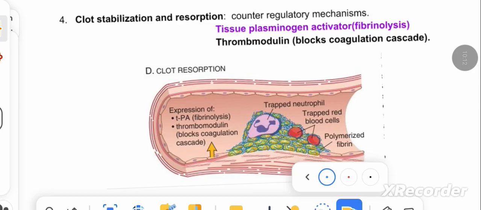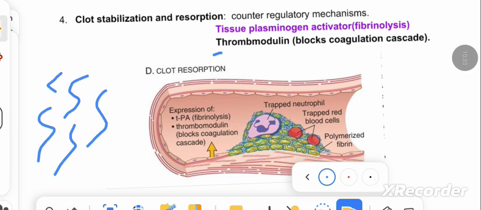So it involves 2 things. It involves tissue plasminogen activator and thrombomodulin. So the tissue plasminogen activator causes fibrinolysis. So those fibrins which are formed in the blood vessel, some of them are lysed by the tissue plasminogen activator.